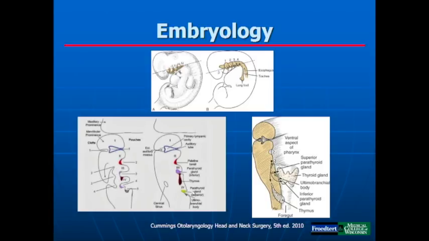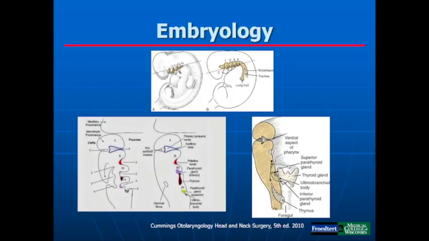Meanwhile, from the 4th pouch originate the superior glands. And here you can see in this scheme that when they start migrating caudally, the superior glands that are associated with the thyroid have a shorter migration process, and they start close to the thyroid gland. Meanwhile, the inferior glands have a longer migration process all the way with the thymus.